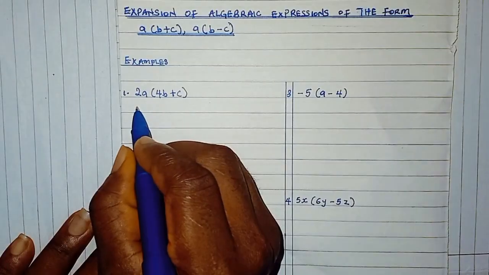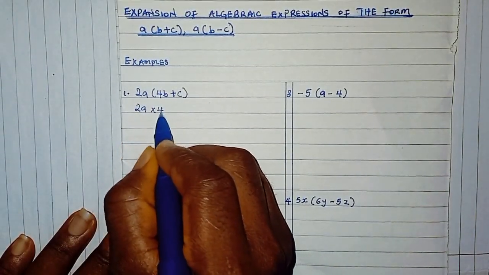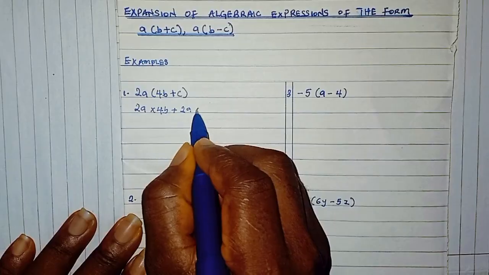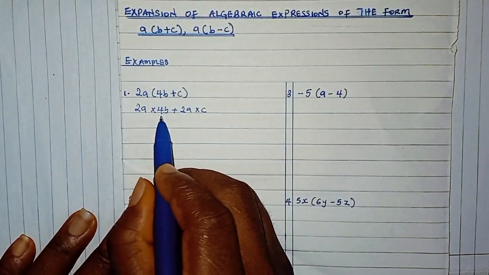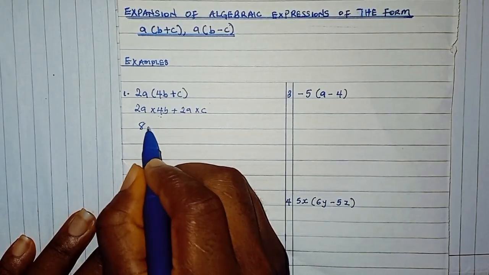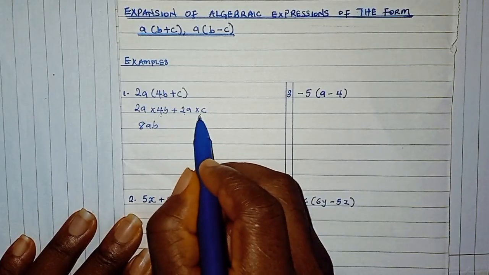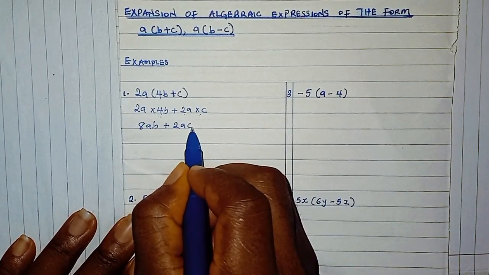So let's go on. We have 2A times 4B plus 2A times C. Multiplying these two, we are going to have 8AB. And multiplying these two, we are going to have plus 2AC.